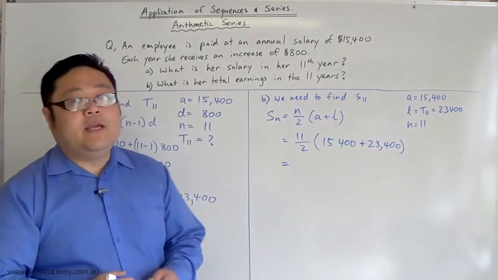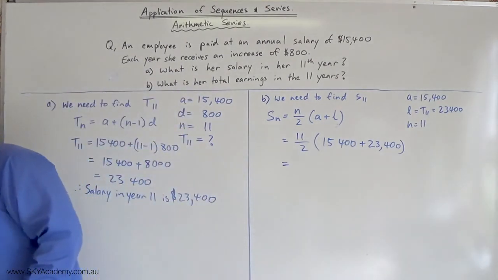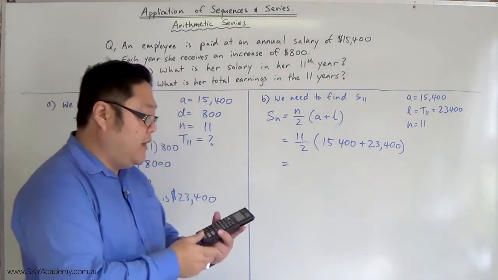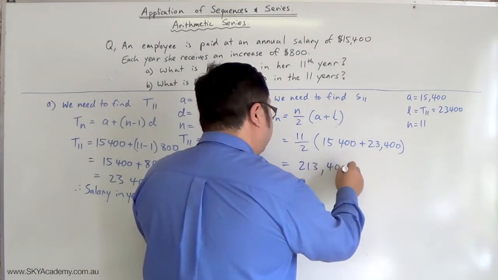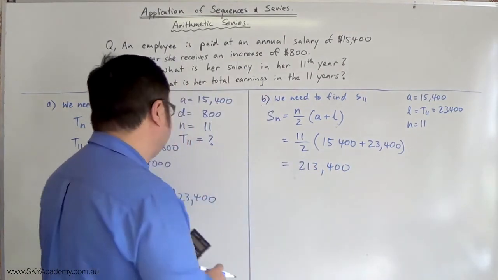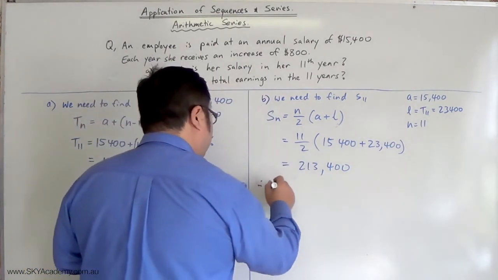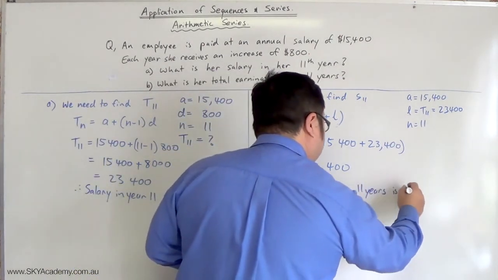We need to put those numbers into our calculator. I've got a calculator right here with me, and I'm going to work it out. And her total earnings over the 11 years is $213,400. Therefore, total earnings in 11 years is $213,400.